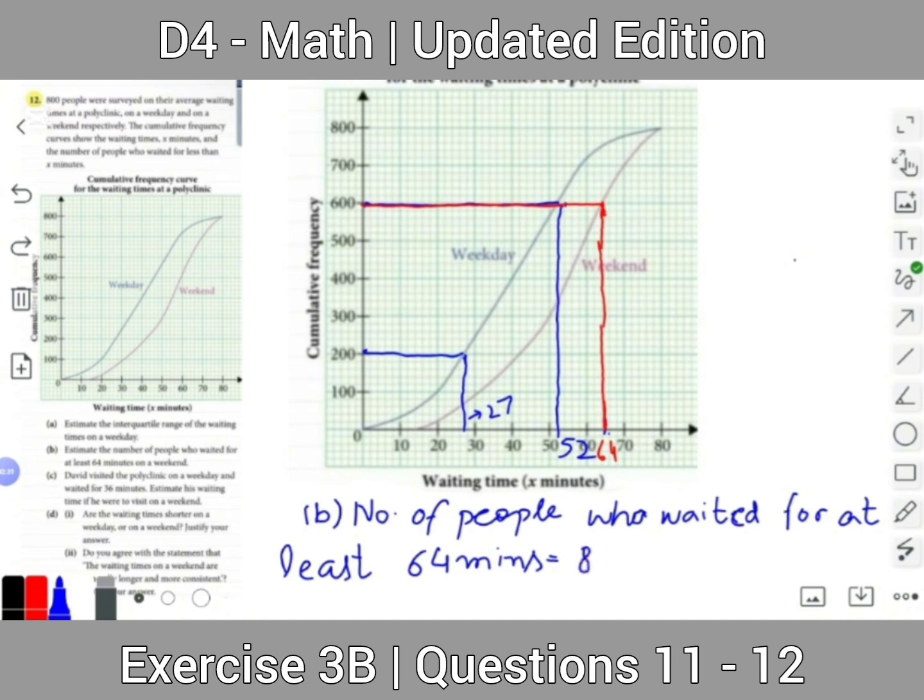So the total number of people is 800 minus, since we have found the number of people who waited for less than or equal to 64 minutes, and that was 600. So 800 minus 600 gives us 200. So the number of people who waited for at least 64 minutes is equal to 200.